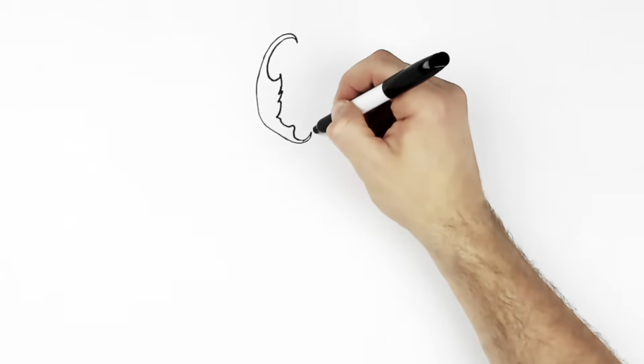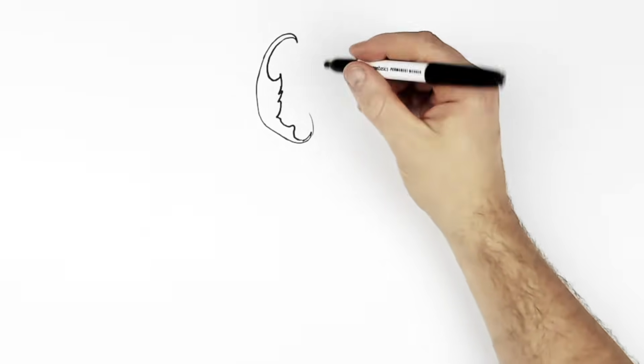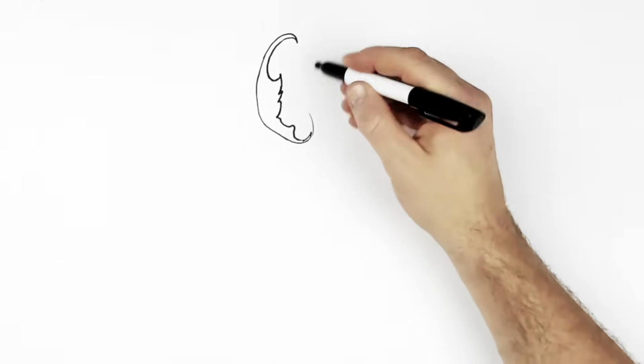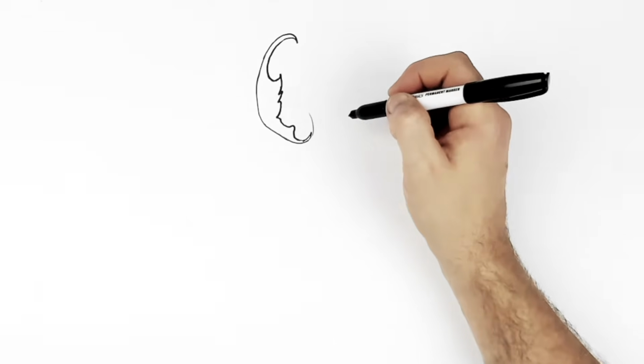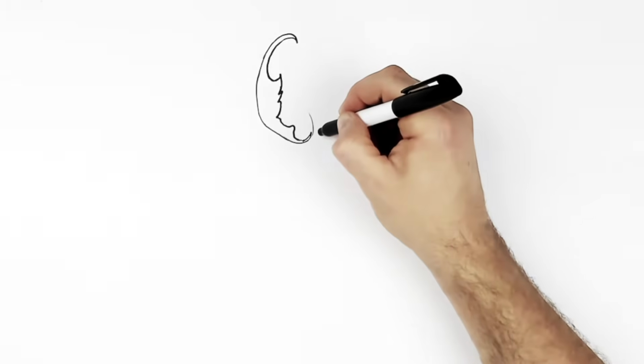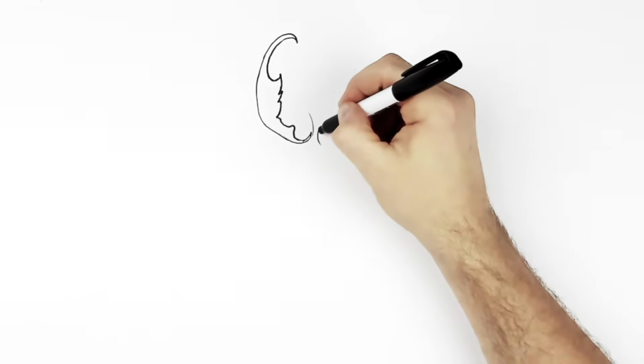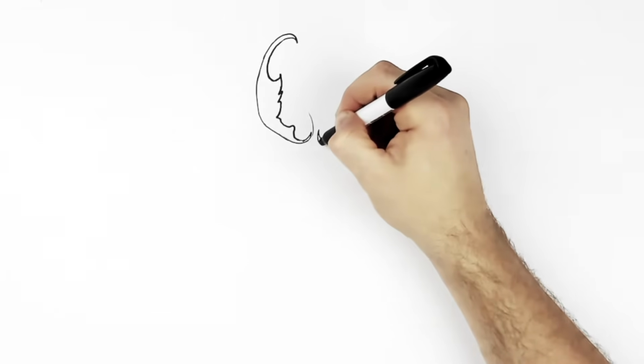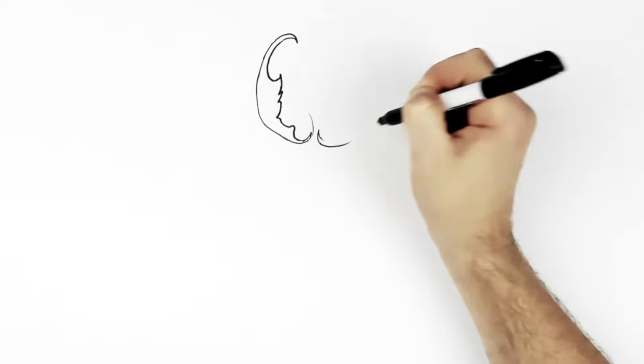Right, so then there's a little frown section, frown lines at the front, and then we'll do the other eye. So another hook sort of thing. And then it goes around again.